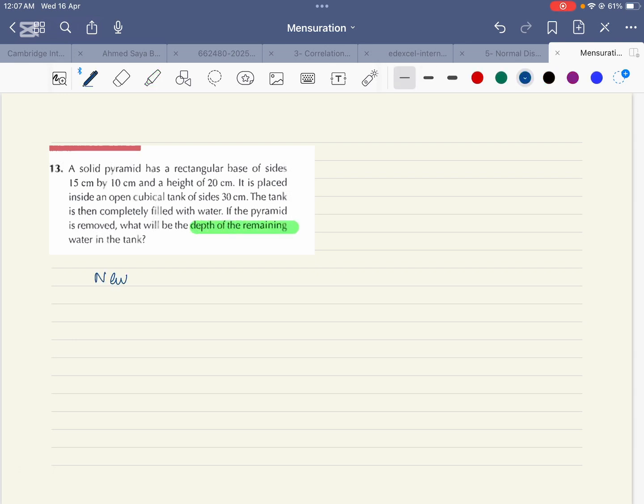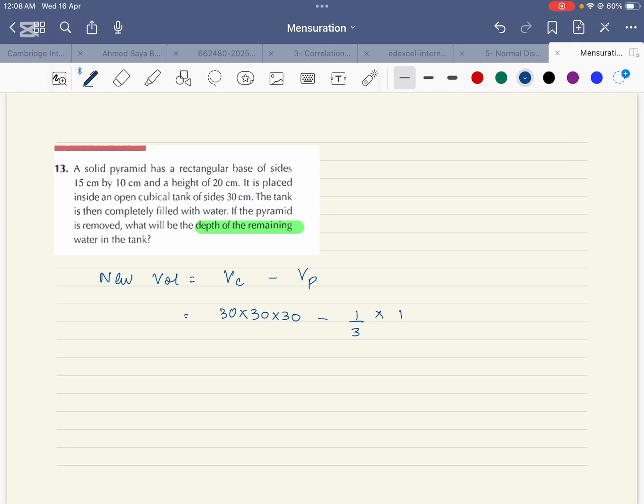New volume is equal to volume of the cuboid minus volume of the pyramid. Volume of the cuboid is 30 into 30 into 30 minus volume of the pyramid is 1/3 into base area, which is 15 into 10 into height of the pyramid. New volume is equal to 26,000.